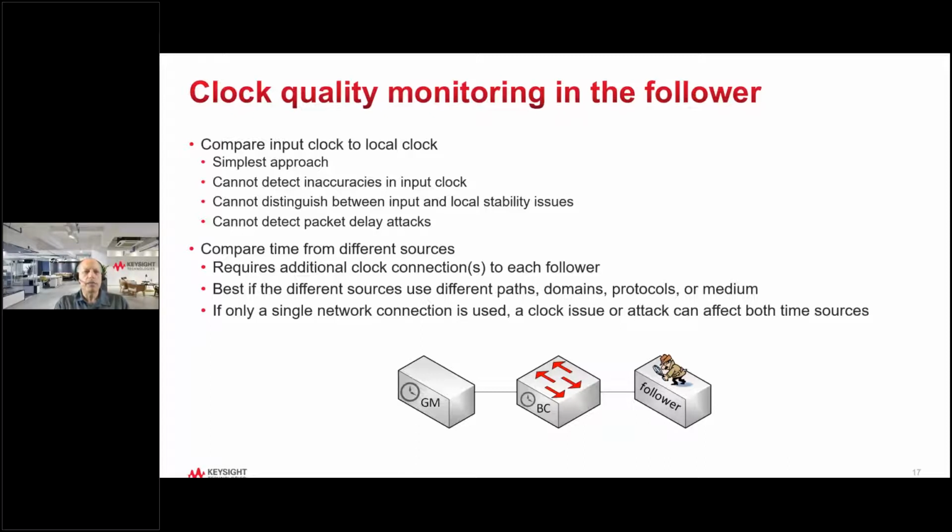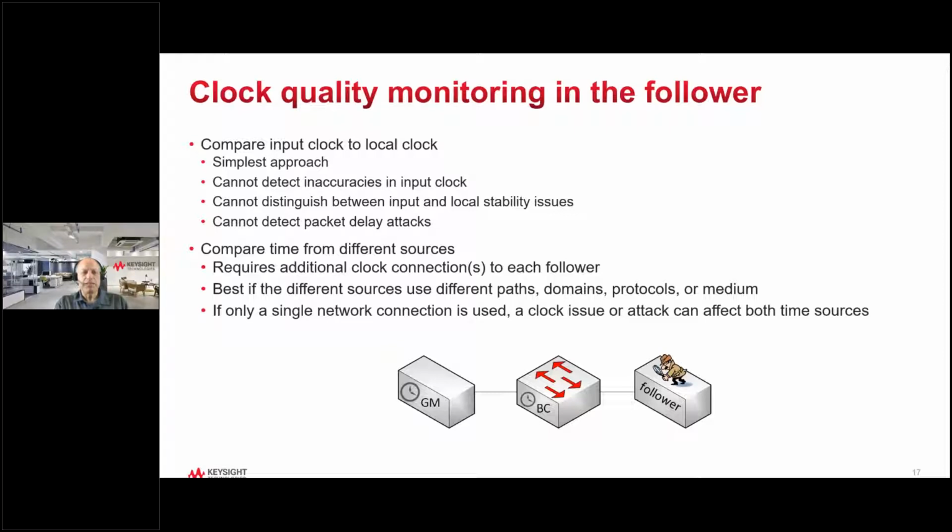A better approach is to compare time from two different sources, but this requires additional clock connections to each follower and requires the follower to potentially be able to follow independently two different clocks, so it can compare the two.